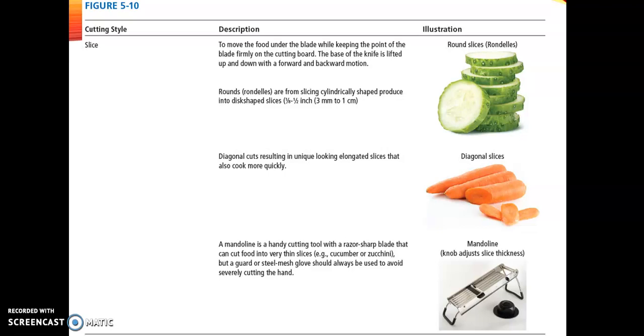But the thing with a mandolin is it's incredibly sharp and very dangerous. People oftentimes cut their finger because they don't realize that their vegetable or fruit has gone down so far, and they just go right down and cut their finger. So that little black thing next to the mandolin is a guard, and you punch that into the food so that you keep your fingers safe.